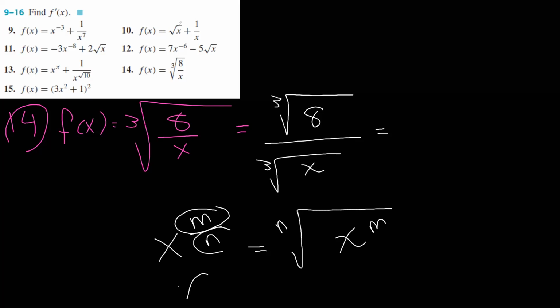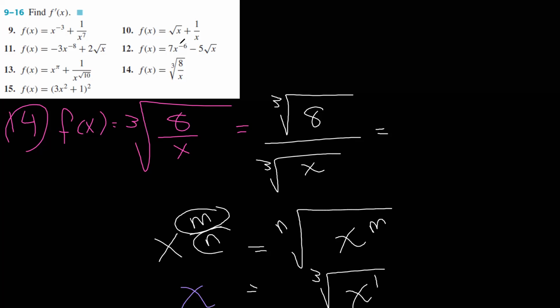So if you have x raised to the power 1 over 3, how can you write, sorry, you have the cubic root of x raised to the power 1. How can you write it here?